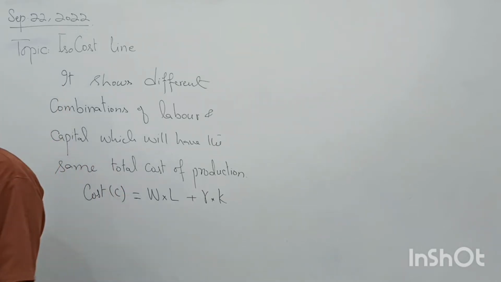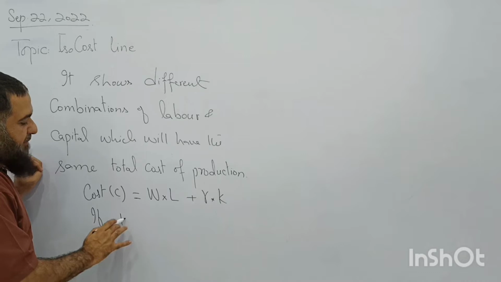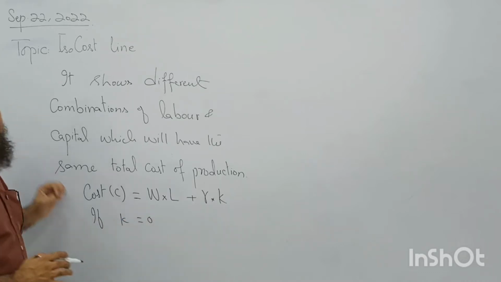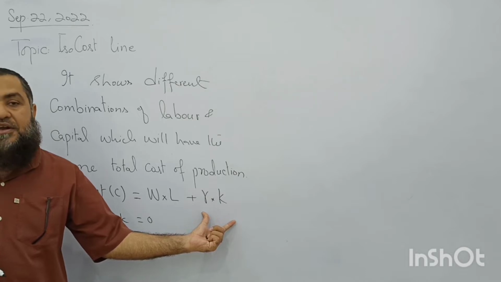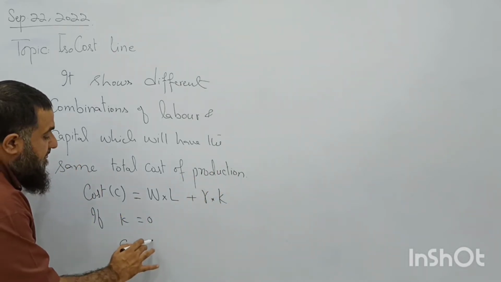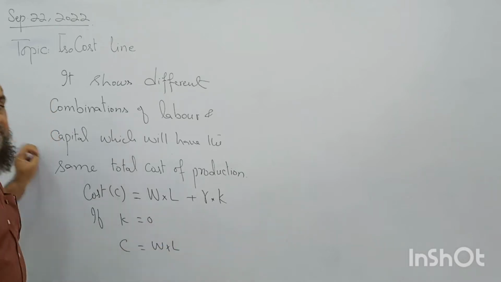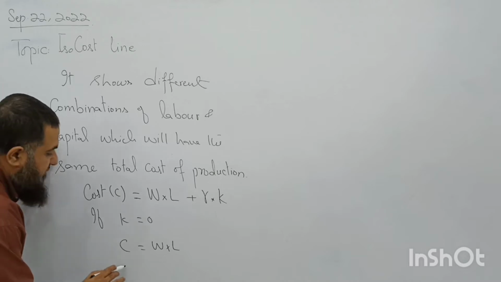Now how do we write the isocost line from this equation? Now see, if capital is not employed by the producer, he is not employing even a single unit of capital, then the whole cost of production will be equal to what? W into L. Yes. So how many workers he will employ, that we can find.